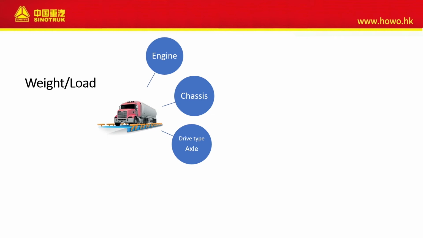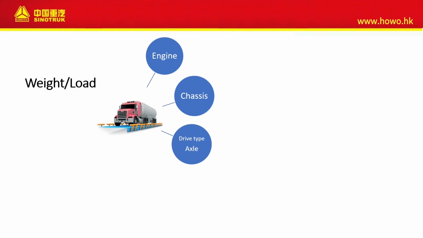And similarly for the chassis, because the weight is very high with the stone, you need to choose a stronger chassis, and that is mainly the thickness of the steel, which is the frame of the truck, and also how many layers of steel.